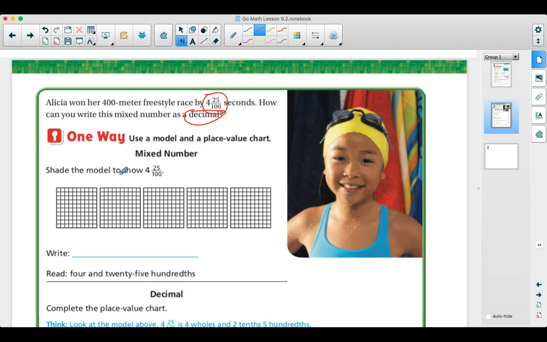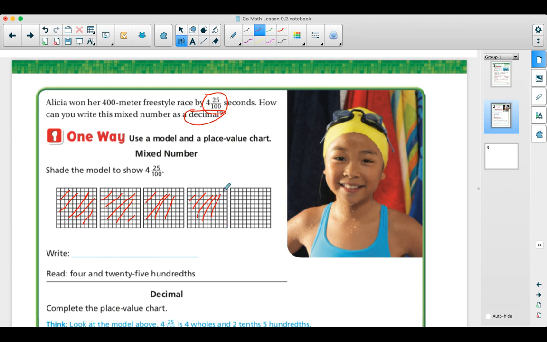So shade the model to show 4 and 25/100ths. So we have 4 wholes. So we're shading in this entire grid, because this is 1/100th. This is 2/100ths, shaded in. This is 3/100ths. Make sure you shade it in. This is 4/100ths.